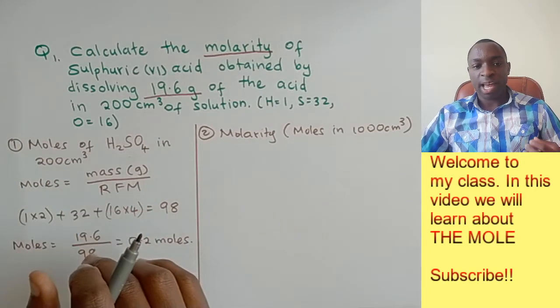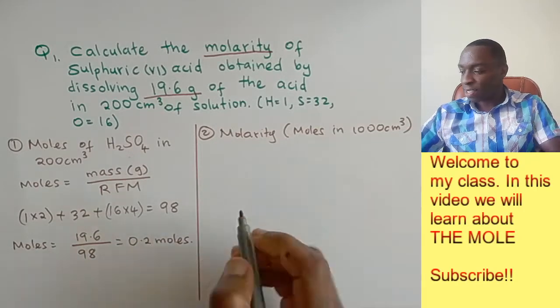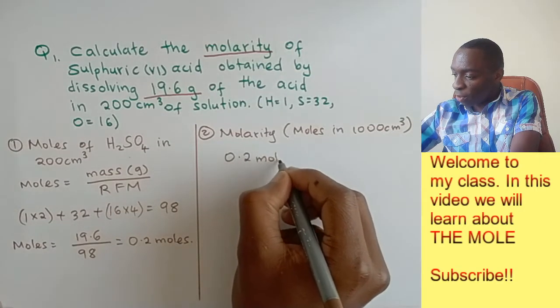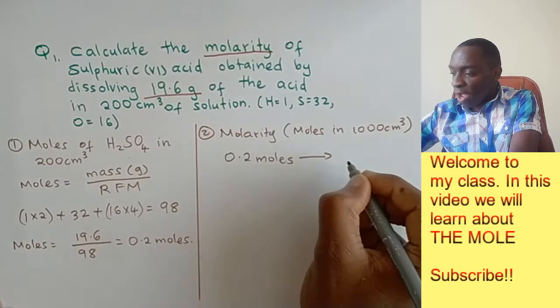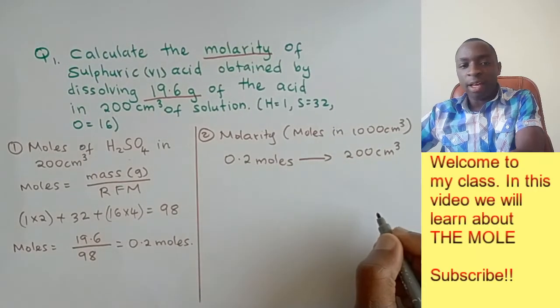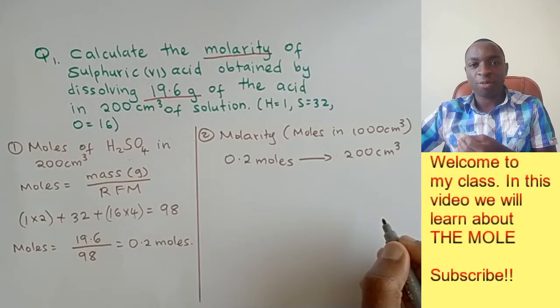So the question is, how many moles would be present in 1,000 cubic centimeters? We say 0.2 moles are present in 200 centimeters cubed. Now the question is, how many moles would be present in 1,000 cubic centimeters?